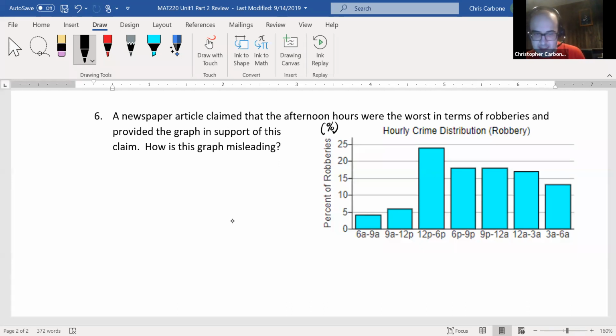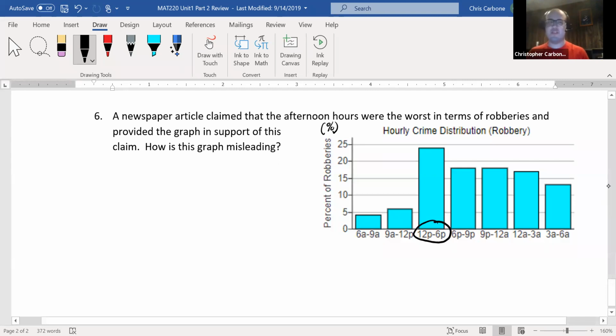Starting to look at this x-axis though, we start to notice something. We have 3 hours, 3 hours, 6, 3, 3, 3, and 3. So this particular one right here is a whole 6 hours, and everything else is a 3-hour time frame.